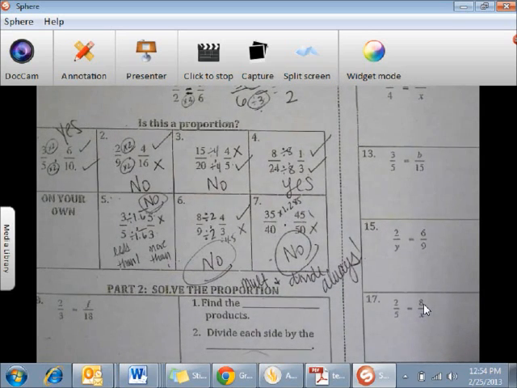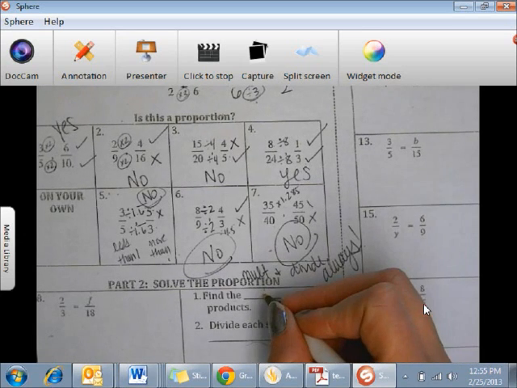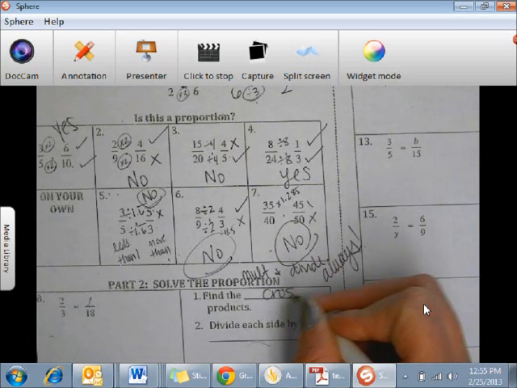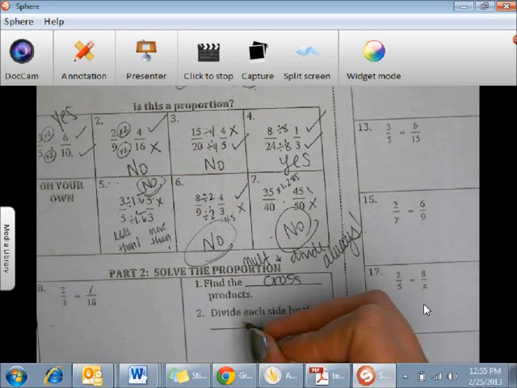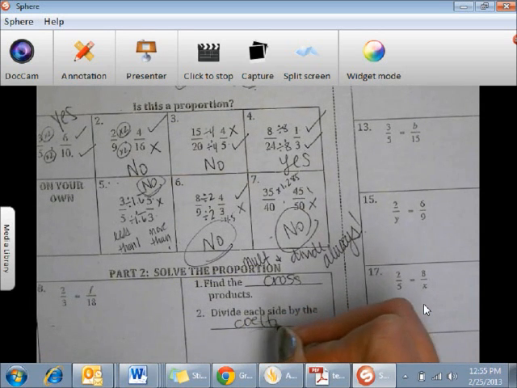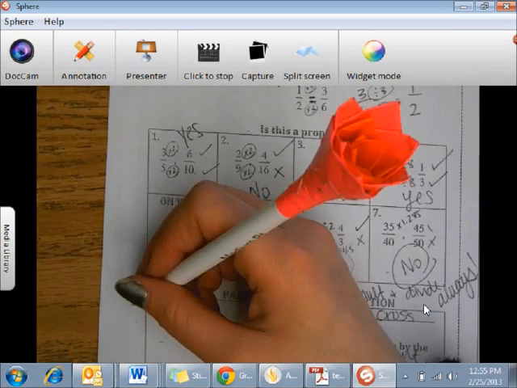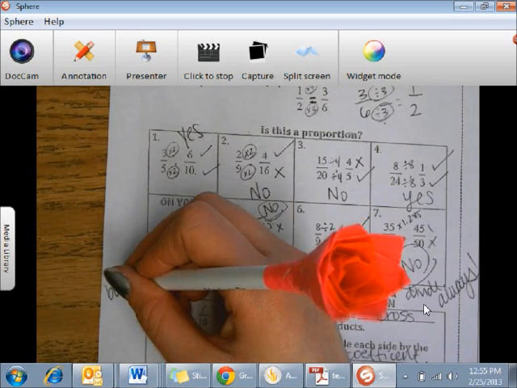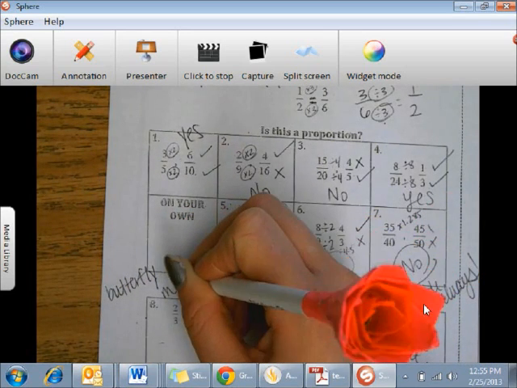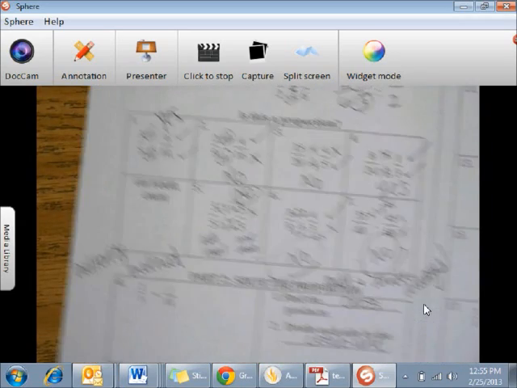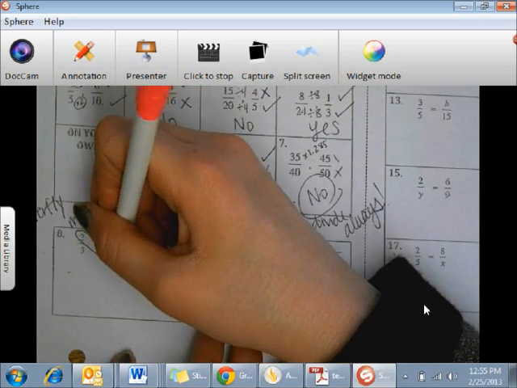So to solve a proportion, we have to find the cross products, and then we have to divide each side by the coefficient. I like to call this, and you might want to write this over here, the butterfly method. Okay, so all you do is you make a little butterfly, right?